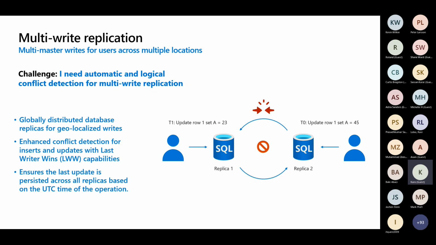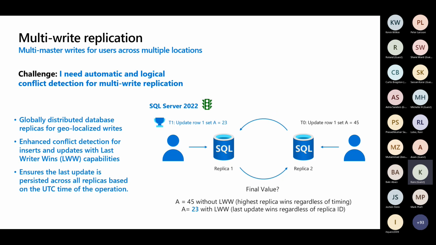Now, if you try to resolve this manually, the only way to do that is to get the highest replica ID. Well, that's not even logical. So with SQL Server 2022, we're going to make this automatic and more logical. In other words, if we detect this problem and you turn on this automatic conflict detection and resolution, we will automatically resolve it, and we'll say the last writer wins based on UTC times across these systems.